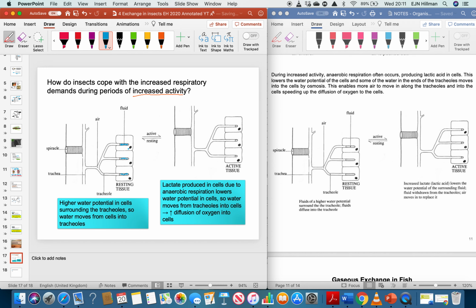Now that fluid at the end of that tracheole, there's more of it. There's a greater volume of fluid in the resting tissue than there is in this active tissue. You might wonder why that is. The reason is because at really increased rates of activity in the active tissue, anaerobic respiration takes place.